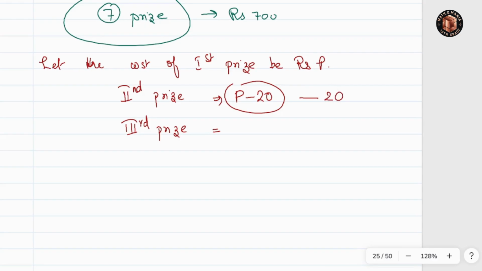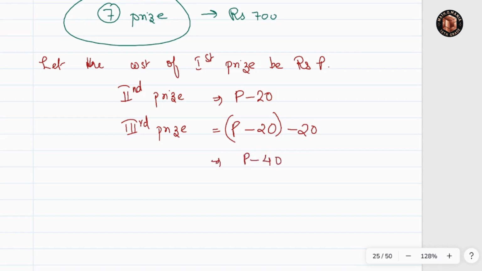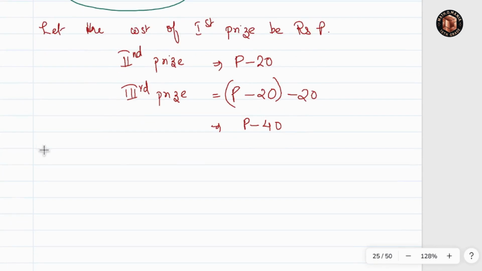From P minus 20, again we reduce 20, so we get P minus 40. Like that it goes on. Therefore, our AP is P, P minus 20, P minus 40, like that it goes on.